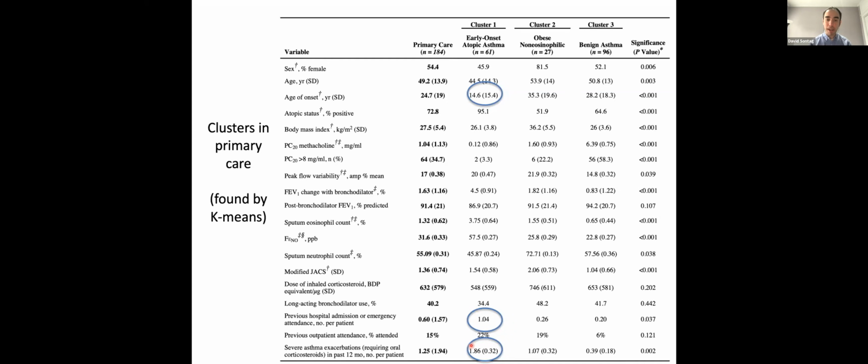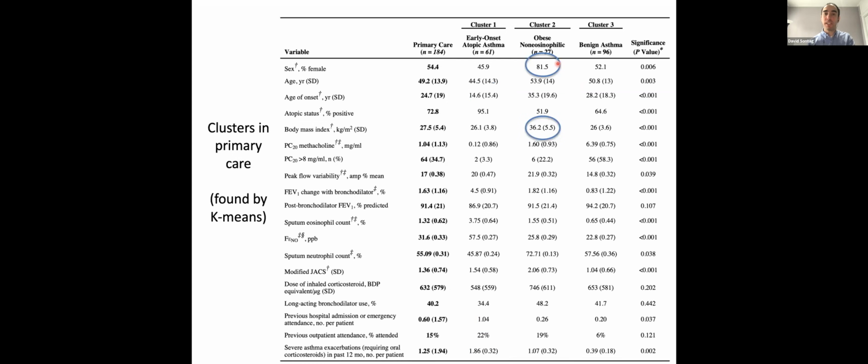That should be compared to the averages in the whole cohort shown in the first column. And so we're going to call cluster 1 the early onset cluster, patients who have early onset asthma. These patients actually have pretty exacerbated asthma, as you can see by their number of hospital admissions. These names you see at the very top are names that the analyst has given to the cluster by analyzing these means and comparing them to the overall population.